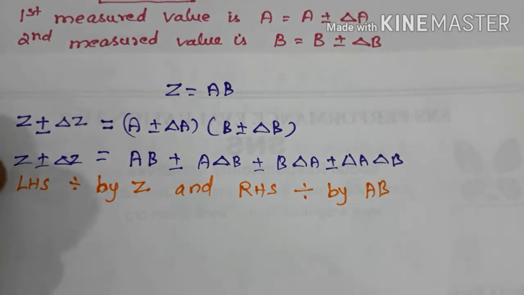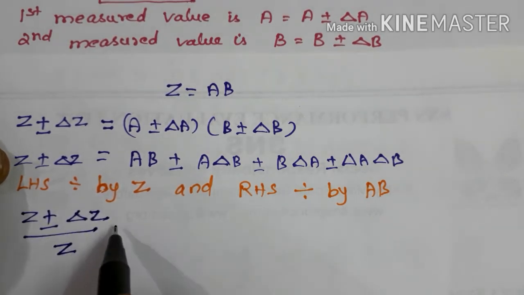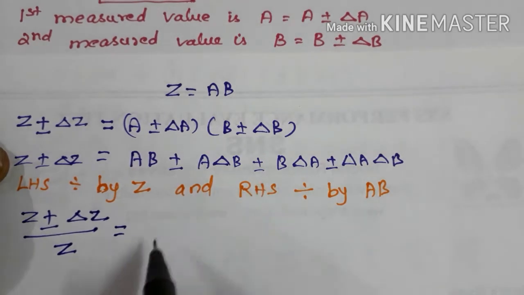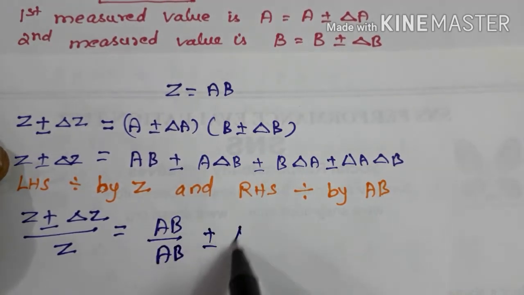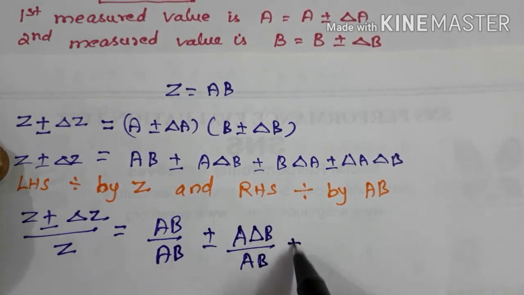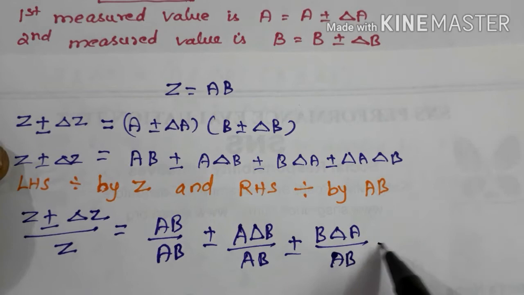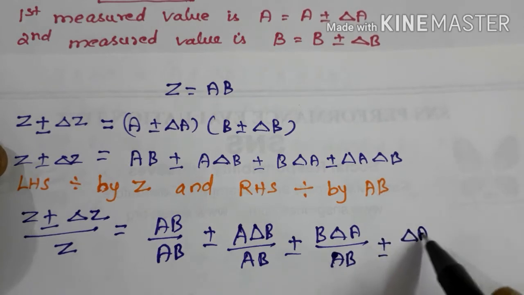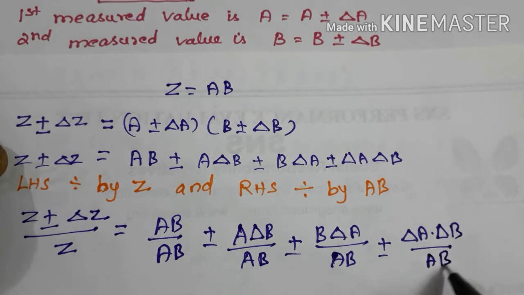So you divide this term by Z: Z plus or minus delta Z by Z is equal to, there are 4 terms and each and every term is divided by AB. The second term is A delta B, that is also divided by AB. Third term is B delta A divided by AB. And the fourth term is delta A into delta B, that is also divided by AB.